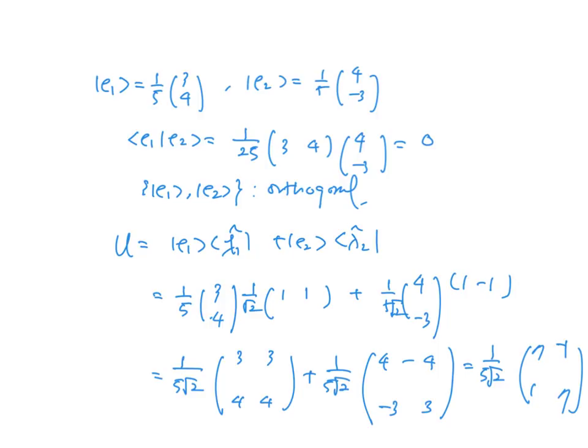Let me double check. 5, 5, square root of 3, 3, 4, 4, 4 minus 4, minus 7, 1. So U is 7. So U is 5 square root of 2, 7 minus 1, 1, 7, right?